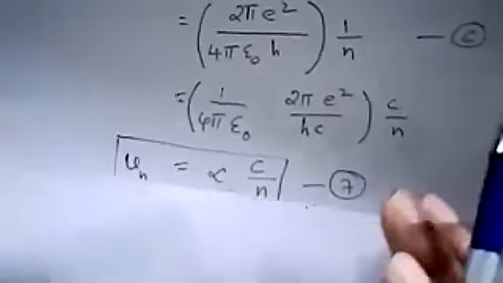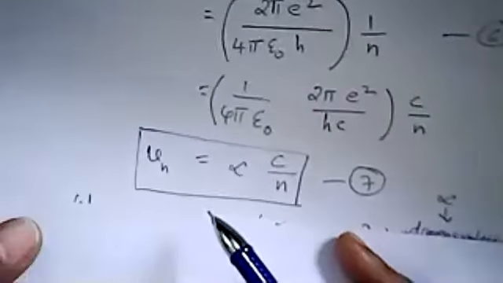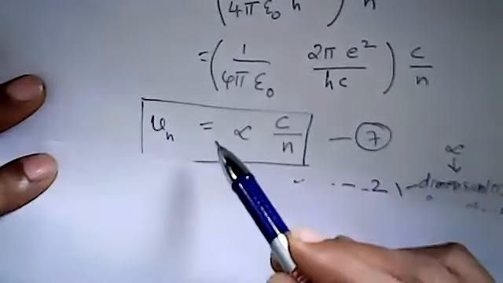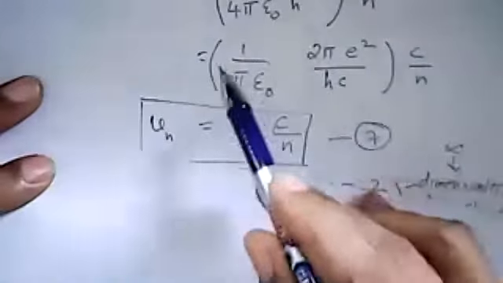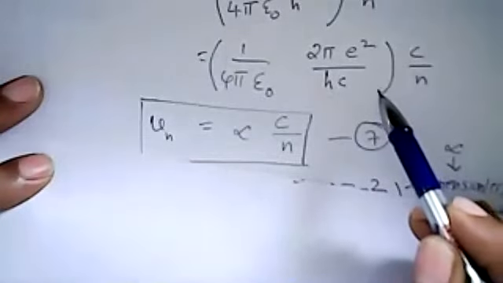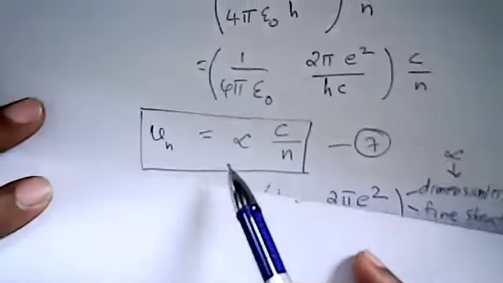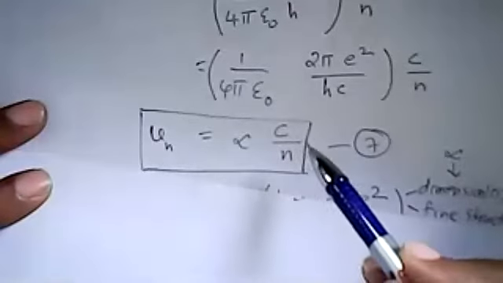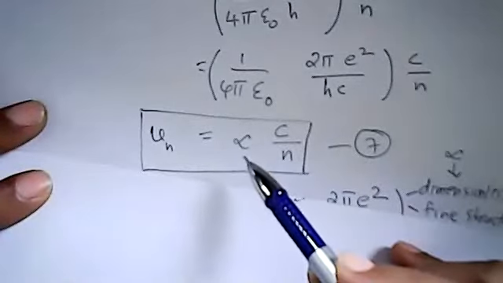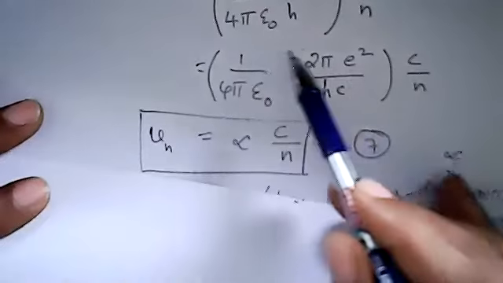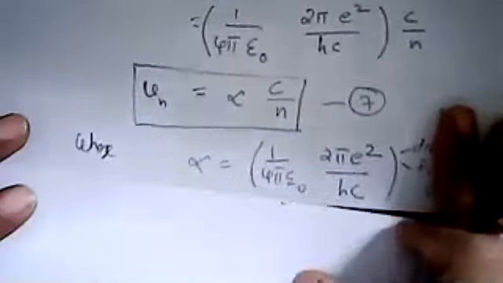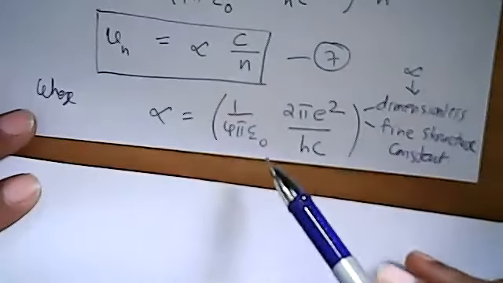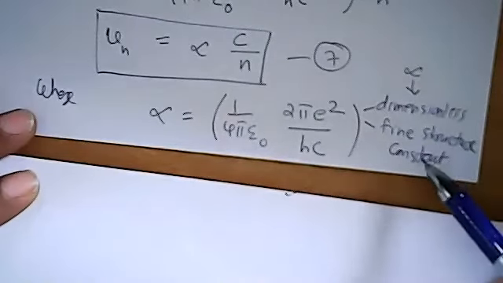Now you can write Vn equal to, calling this entire constant quantity alpha, alpha into c by n. This alpha is a constant known as the fine structure constant.